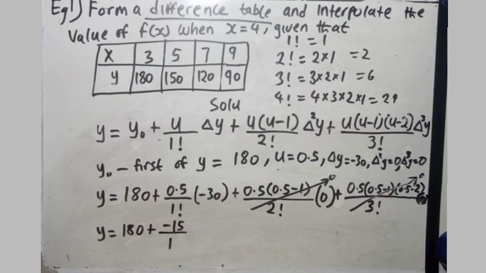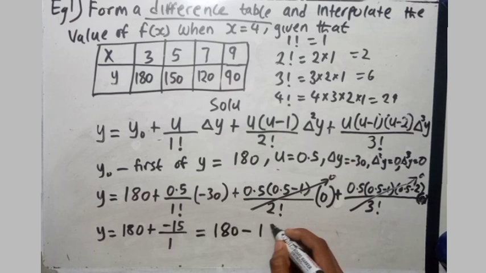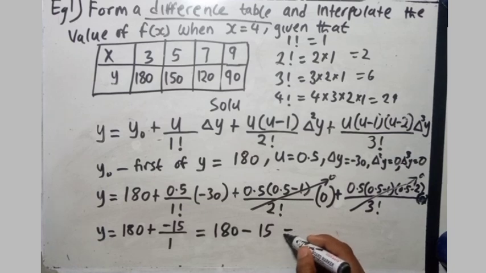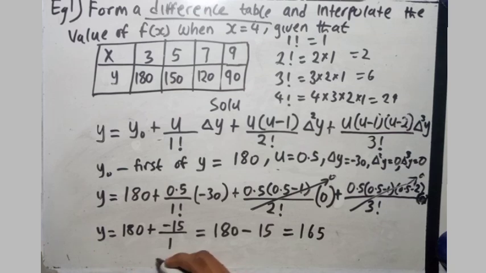You can also write this as 180 minus 15, because minus times plus is minus. And when we subtract, we'll be having 165 as the value of y when x is 4.